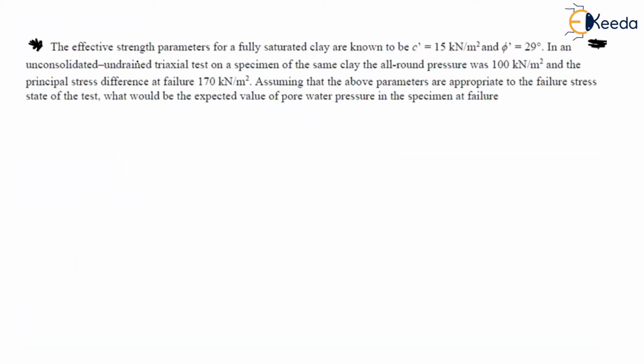Read the question. The effective strength parameters for a fully saturated clay. For that saturated clay, c dash is given as 15, phi dash is given as 29. So let me write it.